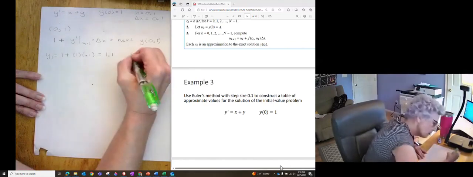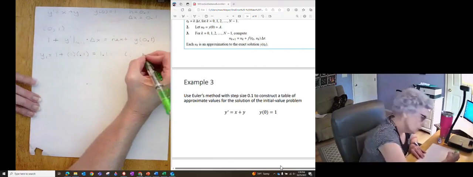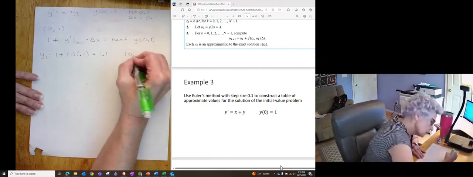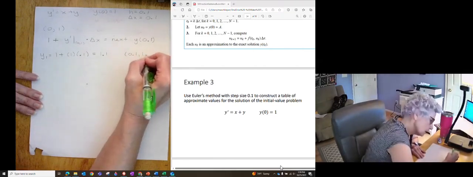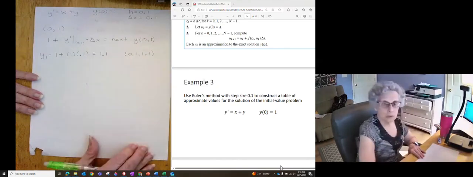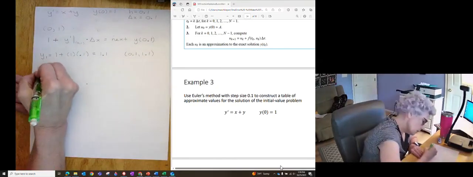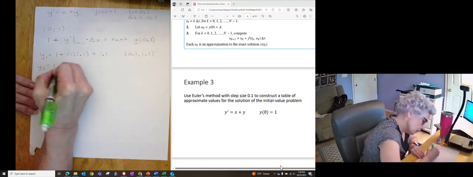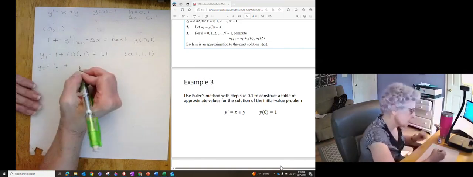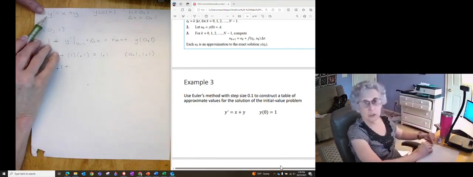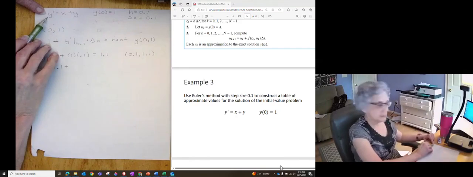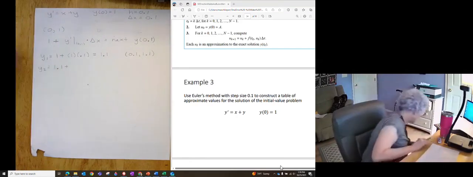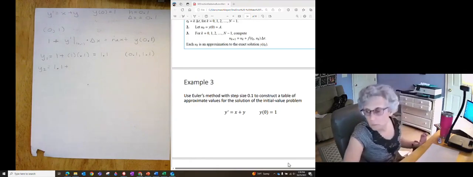That's my next y value. So I'm going to write down the point. The point would be 0.1 and 1.1. So y2 is equal to 1.1 plus, now I need to compute the derivative at this point. So I'm going to grab my calculator.